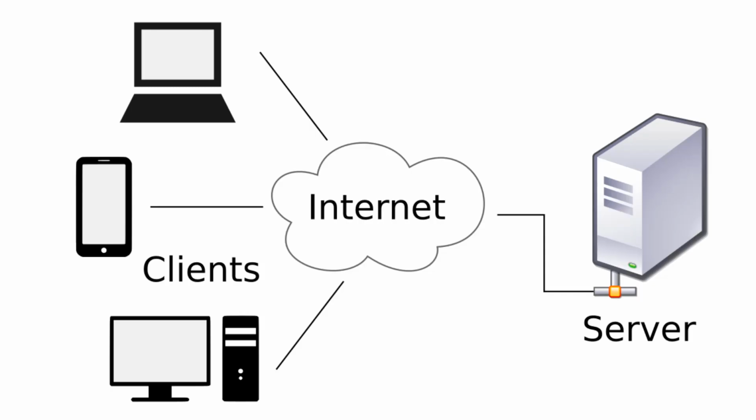Among various network architectures, the client-server model is a popular one. This architecture distributes the workload between the resource provider called servers and resource requester called clients. Servers are generally not used by human directly except by the admins, but rather run continuously to provide services to the clients on the network.